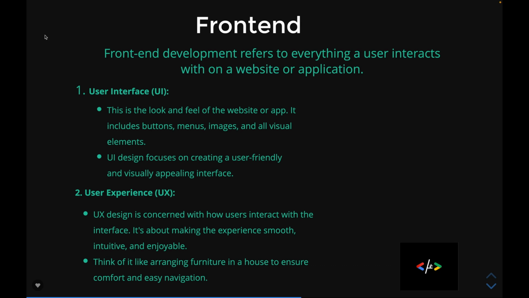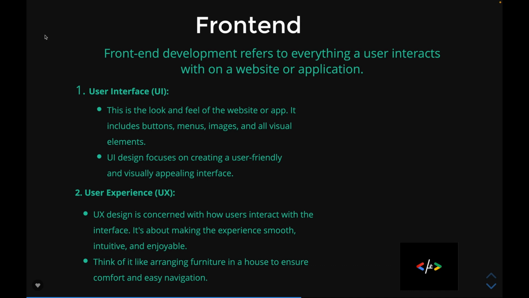Then we have what is called the user experience. User experience is concerned with how the user interacts with the interface, making your experience smooth. So think of it like when you enter a room in a house, and you see the furniture, you look at the furniture around, that's the UI. But how these furniture are arranged in order to ensure comfort and easy navigation is what is called user experience.